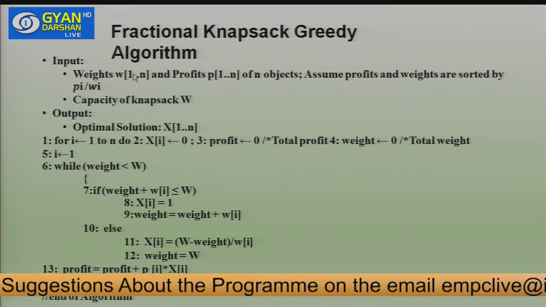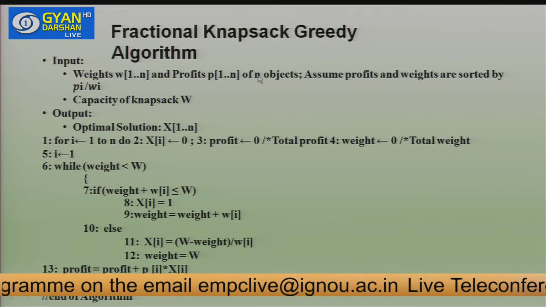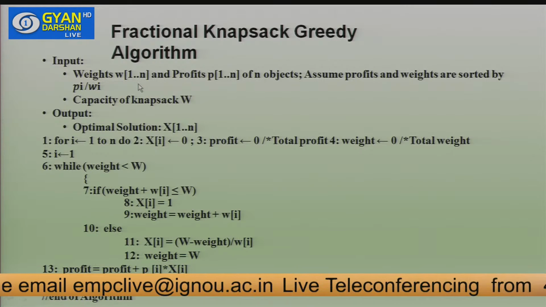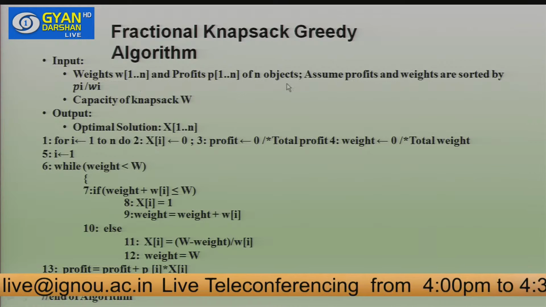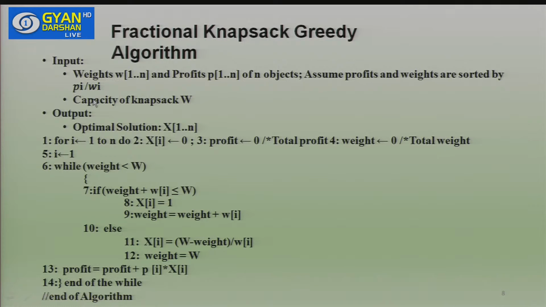So we are assuming that our sequence is already sorted, but that sorting actually takes the maximum amount of time when we find the complexity of this algorithm. The next input is the capacity of the knapsack, which happens to be W. So these are the inputs.